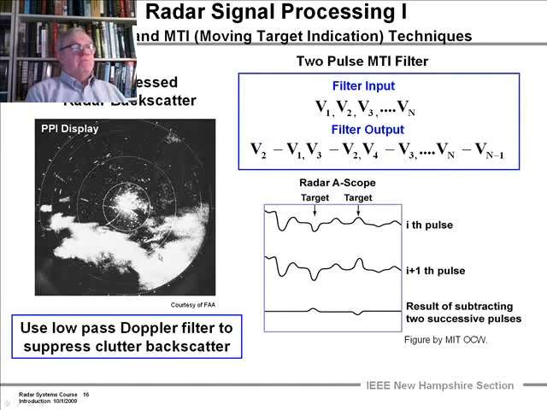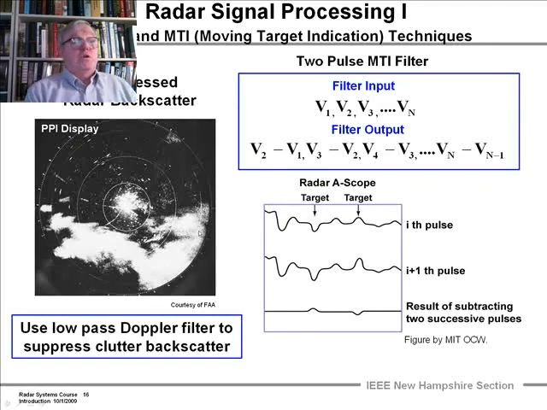This is a very heavy rainstorm in the summer of 1975, I think it was, when this was taken. So what we'd like to do is get rid of the rain and the ground clutter. If from scan to scan the target moves but the clutter doesn't, well, the rain will have some motion, but the ground clutter is not going to move.